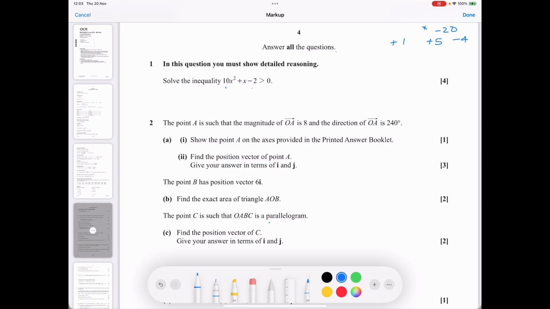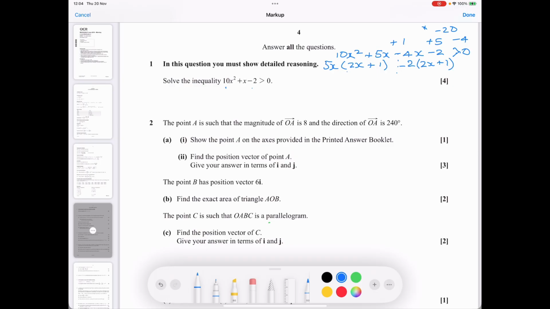So on this, we know that 10x squared plus 5x minus 4x minus 2 is greater than 0. So now we'll just factorise 10x squared plus 5x, we get 5x(2x plus 1), and then we'll do minus 2(2x plus 1).